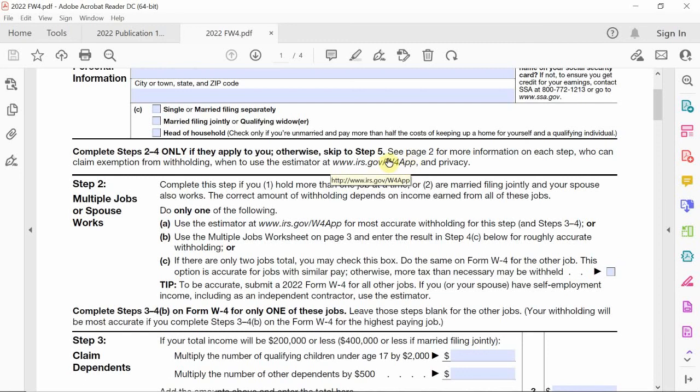And what happens here is it will help you generate the W-4 form. So especially because it's irs.gov, instead of going to seek an actual professional tax advisor and having to pay for them, you can go ahead and use the free tax generator on the irs.gov page.